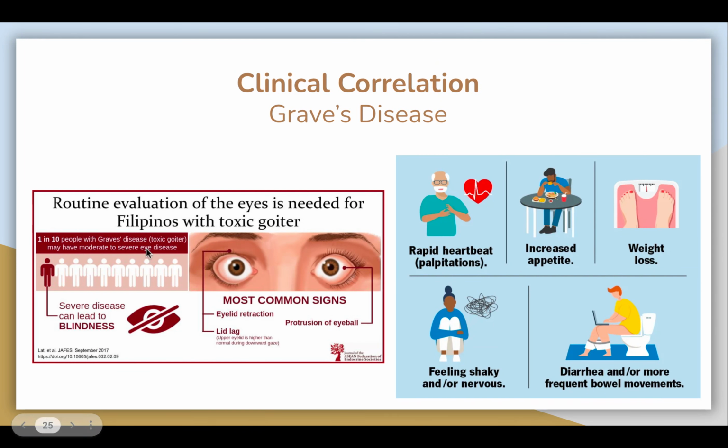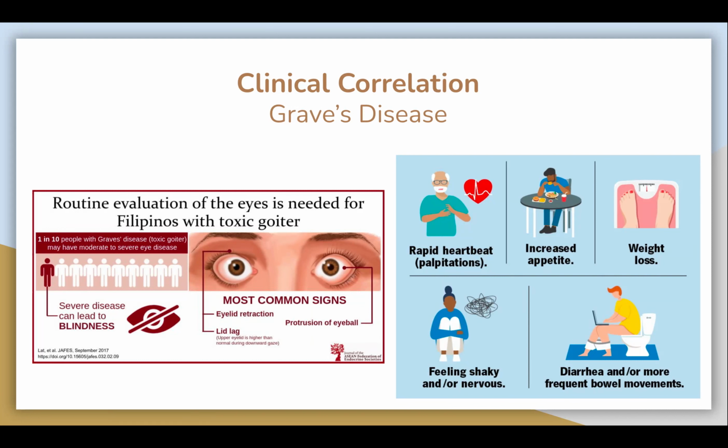So, Graves' disease, because there is excess thyroid hormone, even though the patients are constantly eating, they will lose weight because the metabolic rate is very high. They can feel shaky and nervous because thyroid hormones will influence the beta adrenergic receptors.